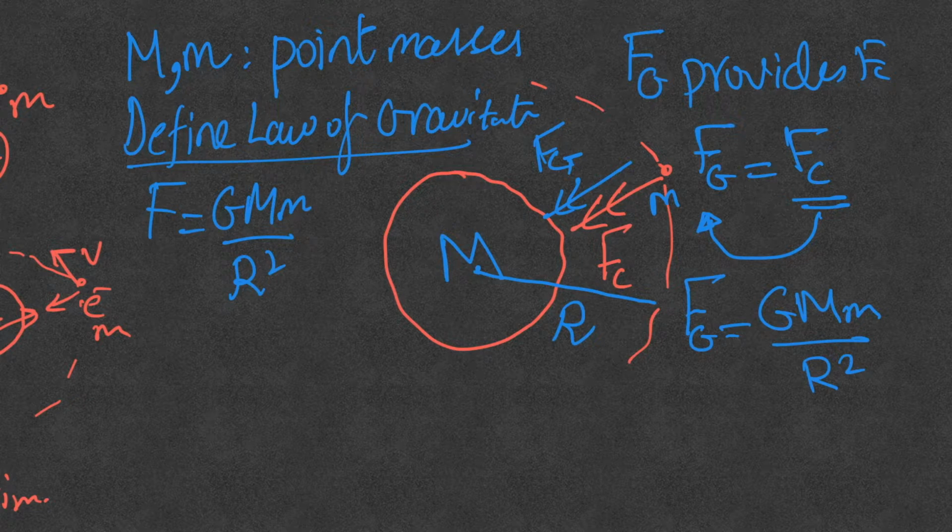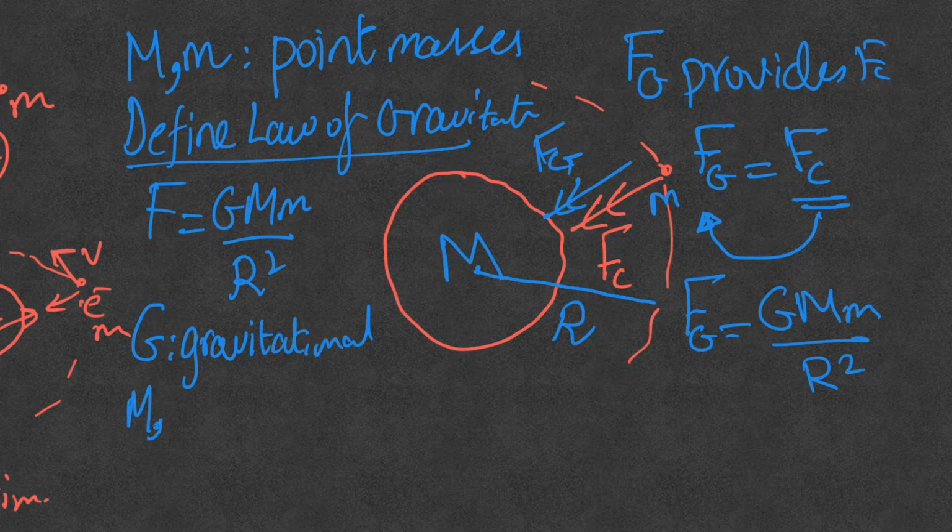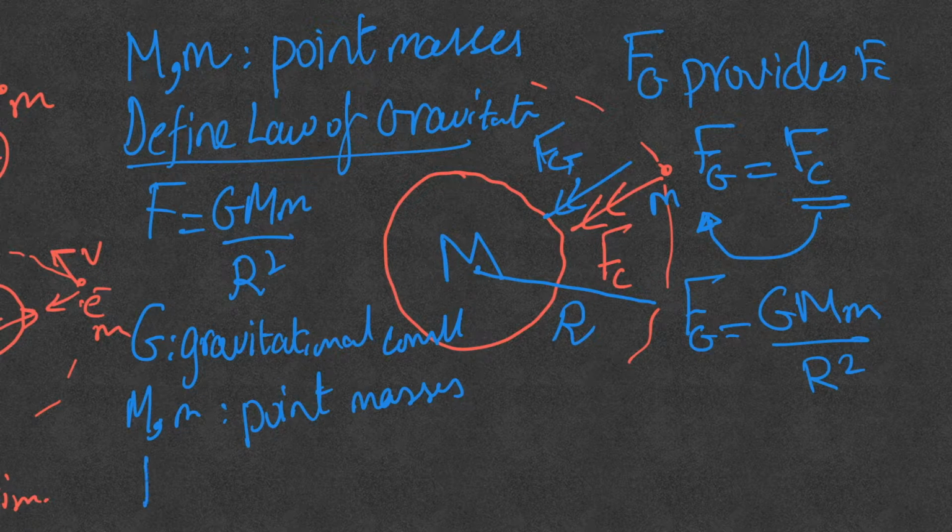But remember that you have to explain all of these. So we will explain what G is. G is your gravitational constant, and capital M and small m are your point masses, whereas R is the distance between the masses.